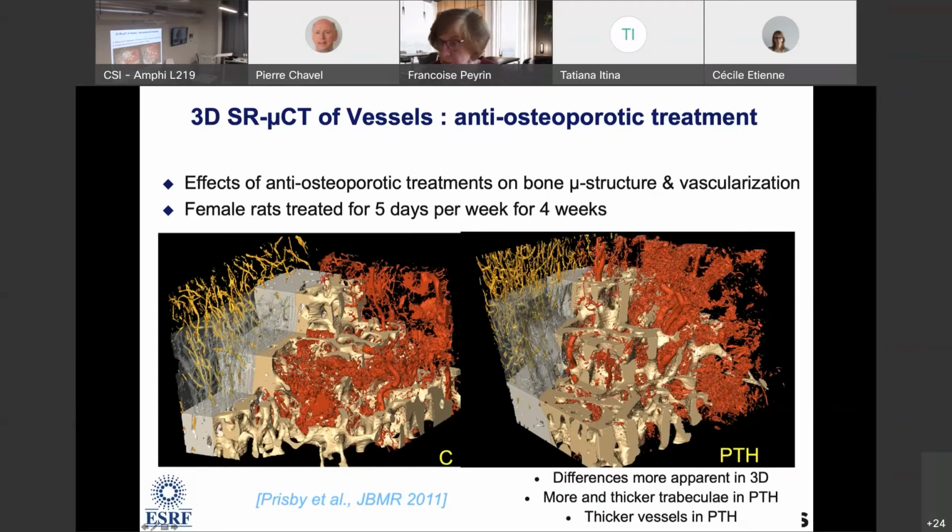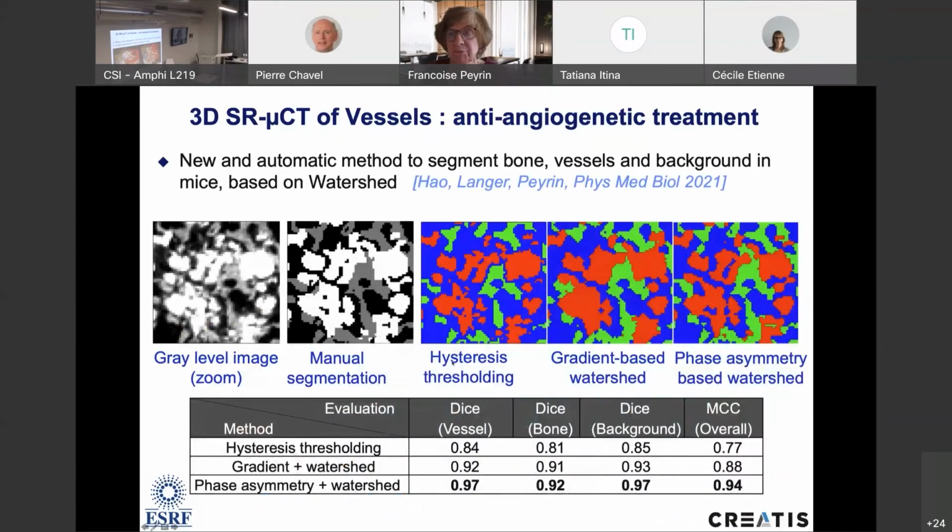And just to show you a work in progress, we have recently been working on a new segmentation method to segment bone, vessel, and background in mice. And this segmentation in mice was more difficult than in the rats. We developed a method based on watershed, which used an original feature, the monogenic signal and the phase asymmetry.